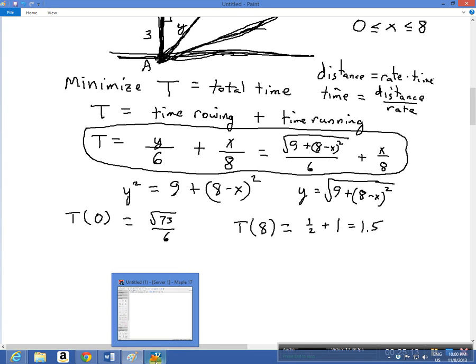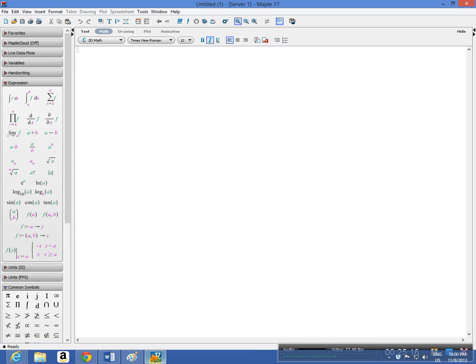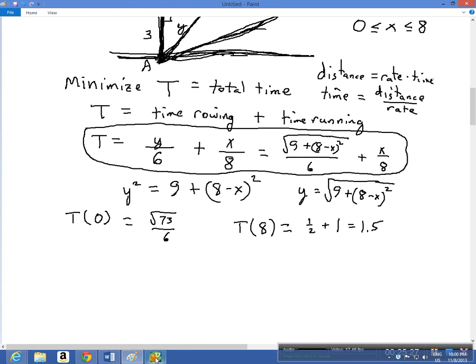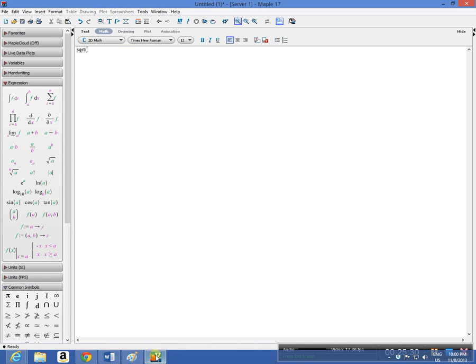So we're going to type in the square root of 9 plus 8 minus x squared, divided by 6, plus, if I remember correctly, x over 8.